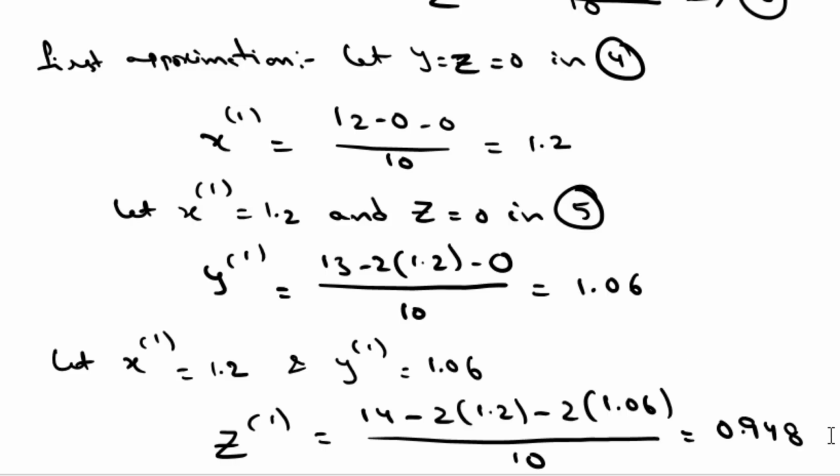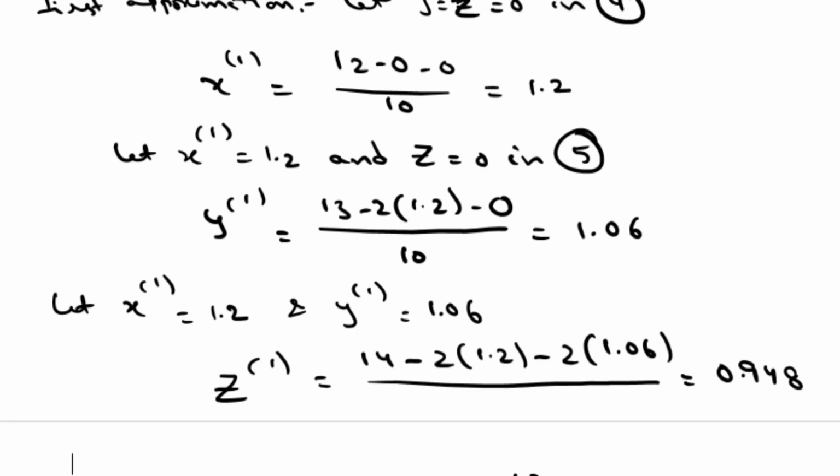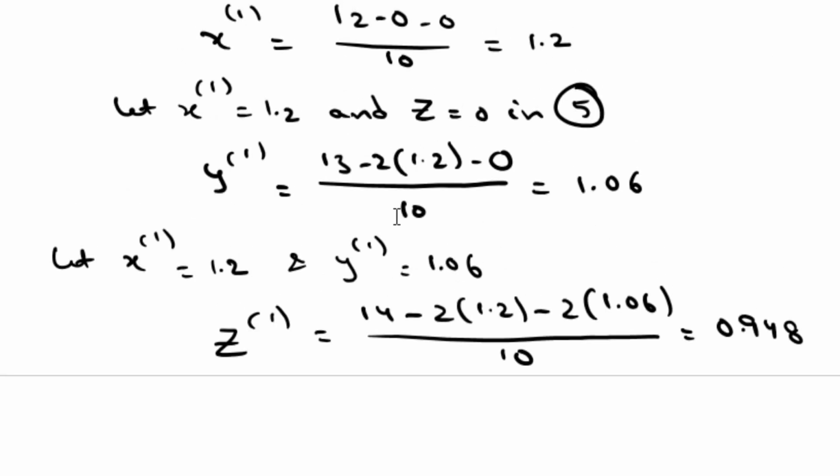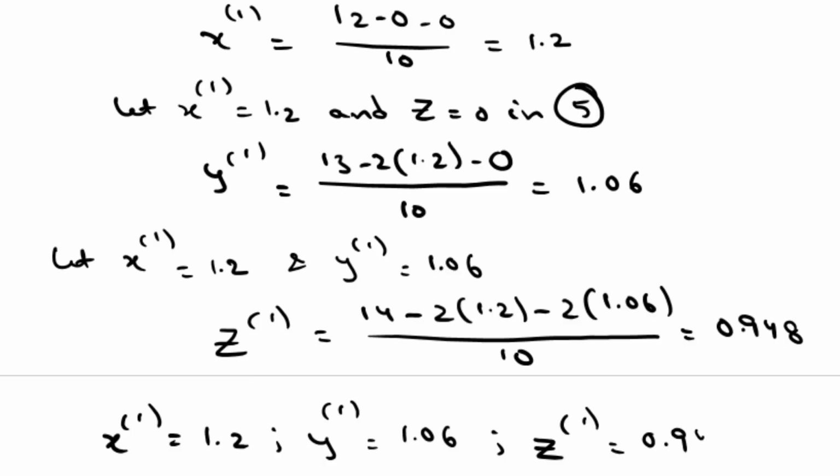Therefore, now we are able to find the values: x in the first iteration is 1.2, y in the first iteration is 1.06, and z in the first iteration is 0.948.